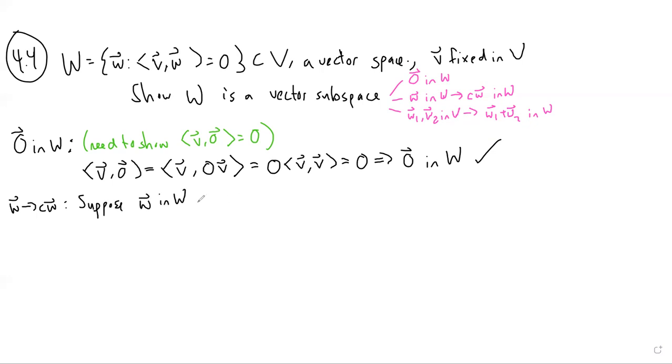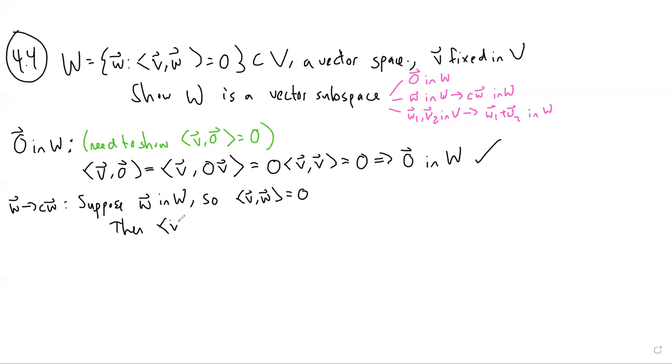W is in W. And what that means, by definition of being in that space, is that V along with W, so that inner product, is equal to 0. That's the definition. So our goal is to show that any scalar multiple of W is also in there, so it also satisfies this inner product equation.